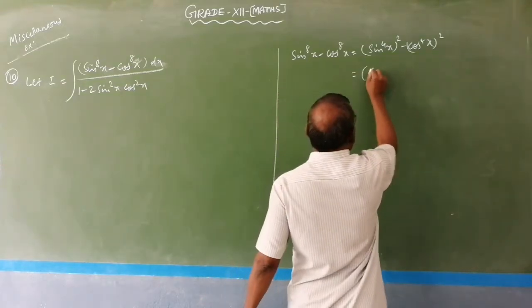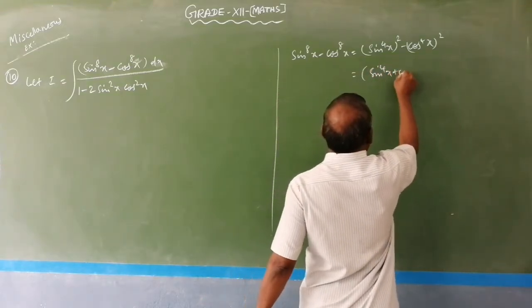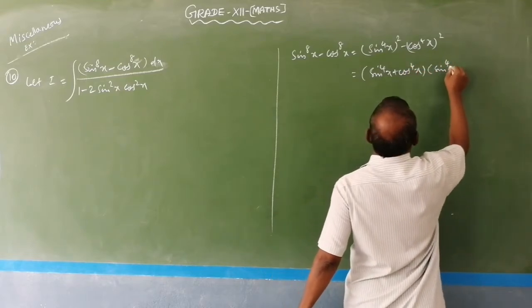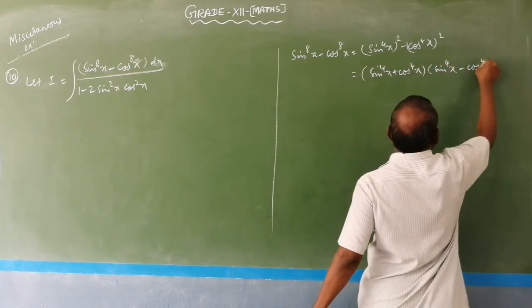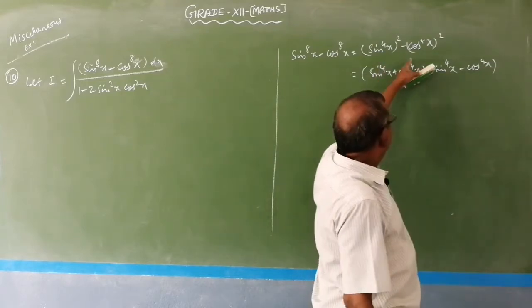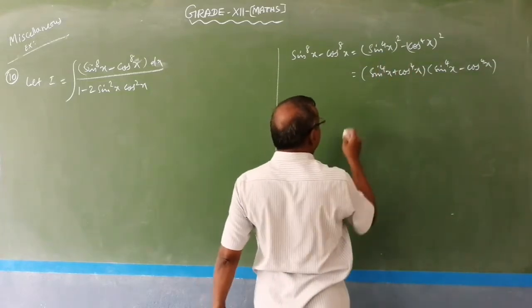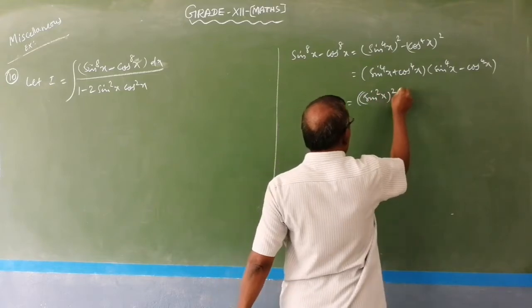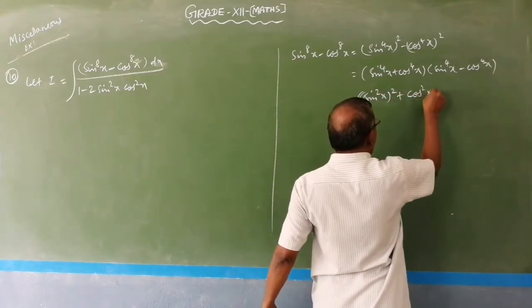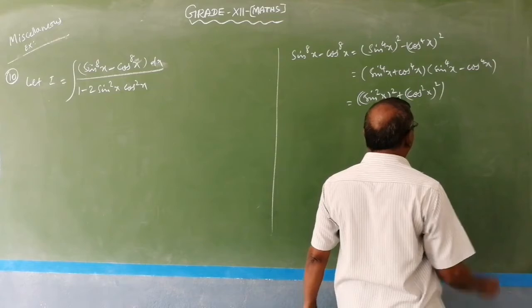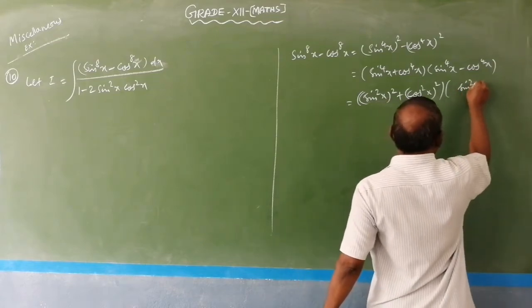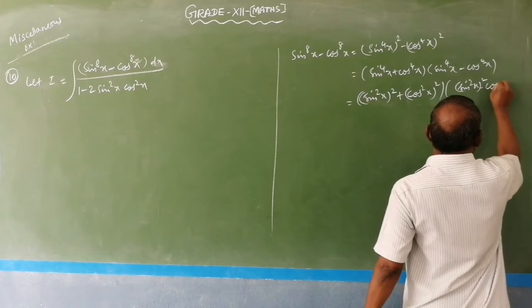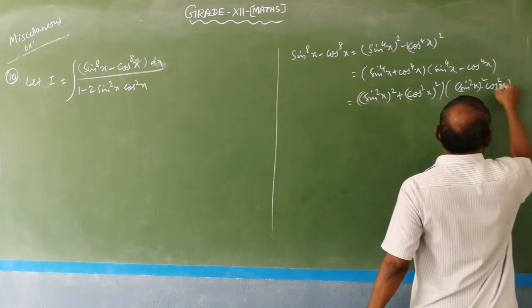So, it is (sin power 4x plus cos power 4x) into (sin power 4x minus cos power 4x), a plus b into a minus b. The first part is (sin square x) the whole square plus (cos square x) the whole square, into (sin square x) the whole square minus (cos square x) the whole square.